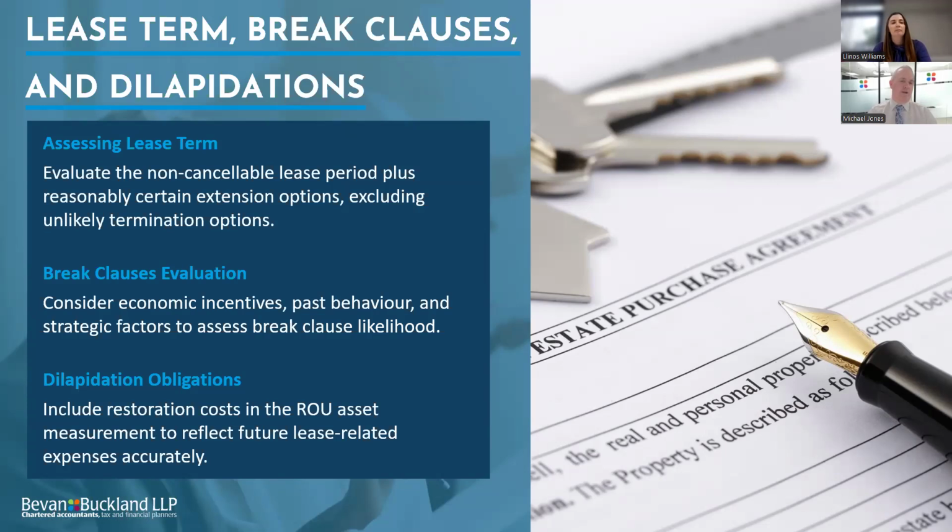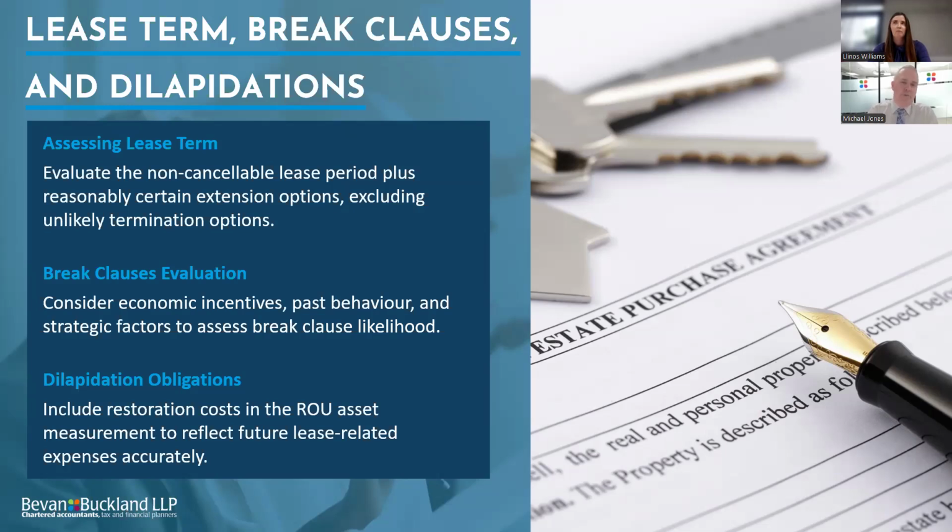So if you were looking at a property where there are 3 options, you can break after 10, or after 20 years, you can extend it for 5. As an organization, if your intention is we're going to be within the building, we're going to take up the 5-year extension as well, then your expectation is this lease will be over 25 years, and that's what you do your calculations on.